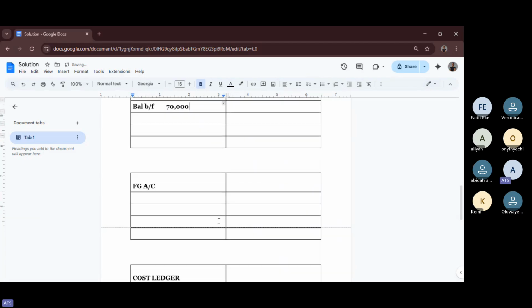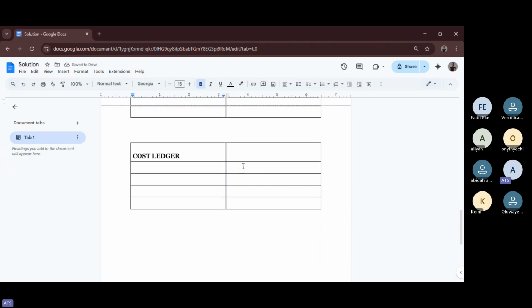And then finished goods, 30,000. Now, if these are here, this should also have them, and I need to create this one.